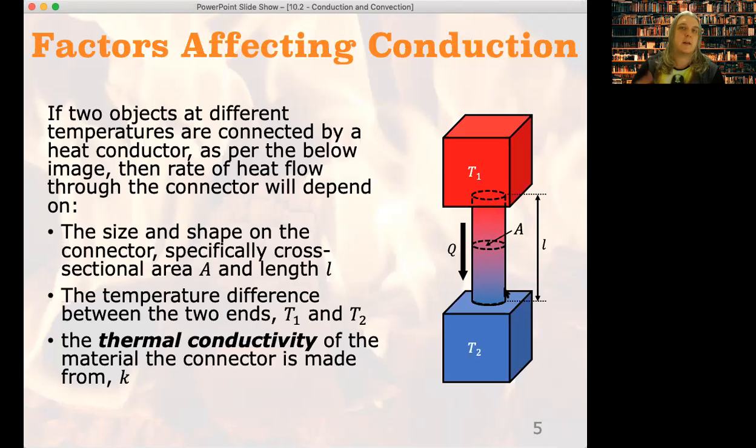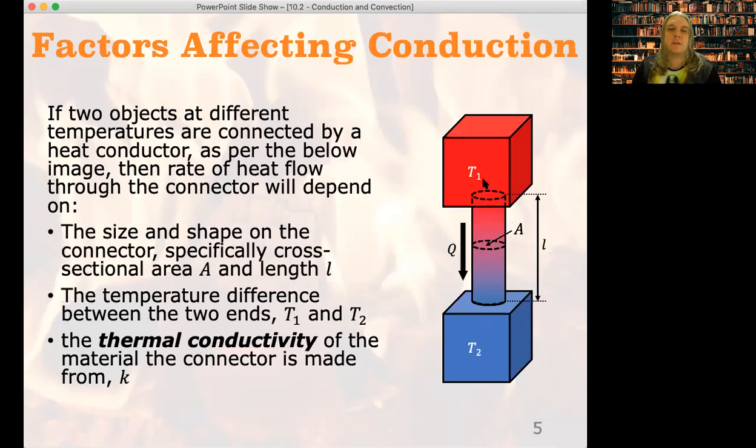It's just going to take longer for those collisions to pass that energy all the way down this transfer connector. So that makes perfect sense, hopefully. The bigger the area, the quicker the heat will flow, so the bigger Q will be. The longer L is, the slower it is, and so the less Q will be.